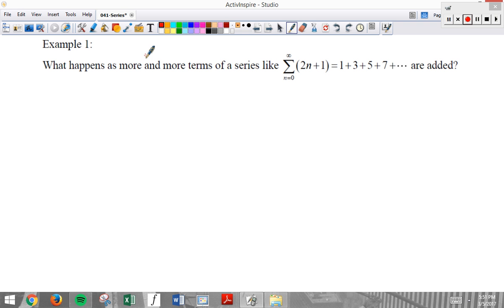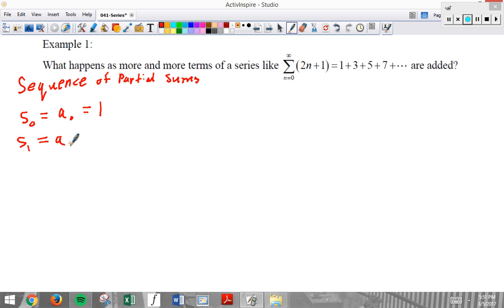All right, so I can make something called the sequence of partial sums. The idea is, what's sum 0? That would be just a sub 0, which would be 1. What's sum 1?